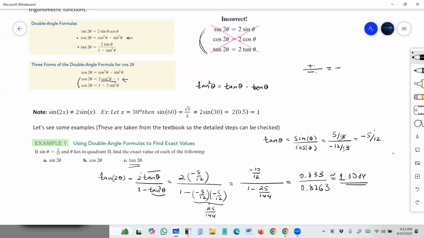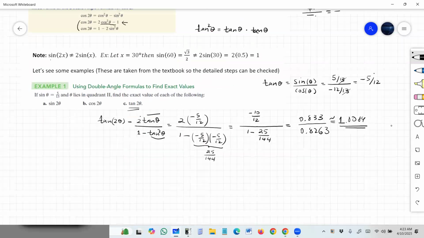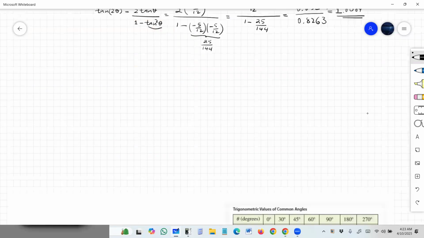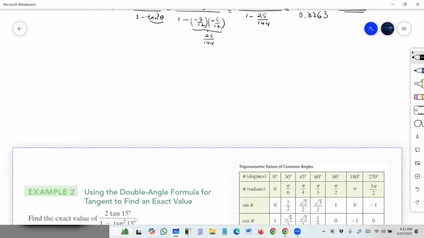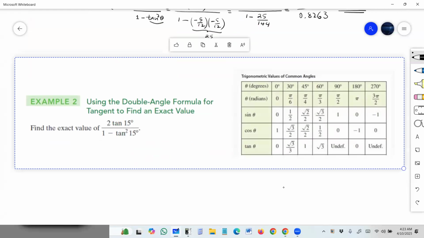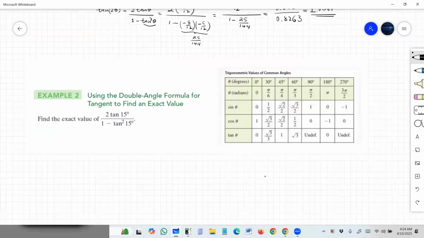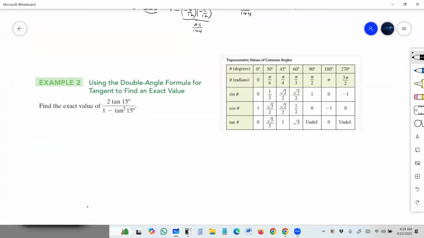Now, before we finish this video, I wanted to show you one particular problem that comes up quite frequently. And this is, like I said, for a maybe more advanced application where we would benefit from using these, in this particular case, the double angle formulas, but the same applies for the sum formula, the product formula, the half angle formula, and so on and so forth.